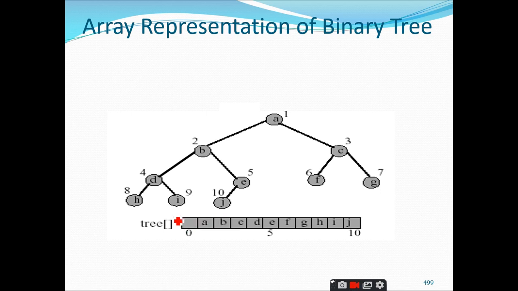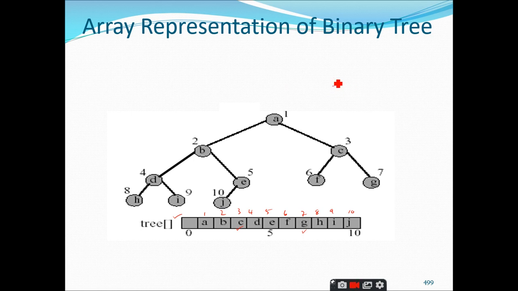So I declare the array, and whatever node number is there for that particular node, I store that information inside the corresponding index of the array, right? So C is stored at 3, and the right child of C, which is G, is stored at 7, right? Yesterday also we have seen some properties regarding the node numbers.